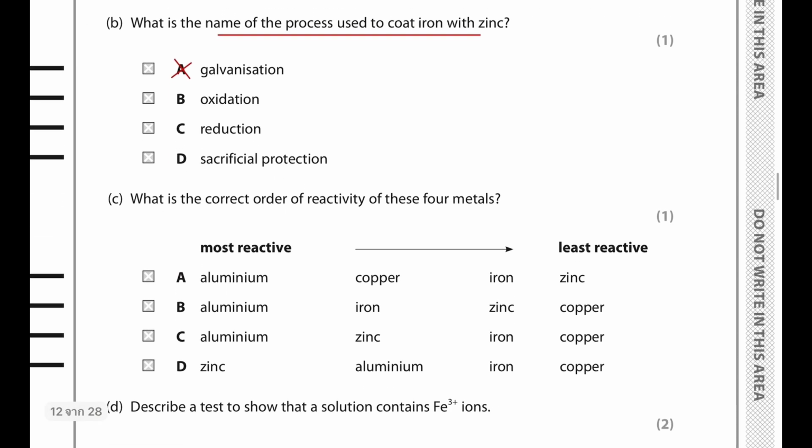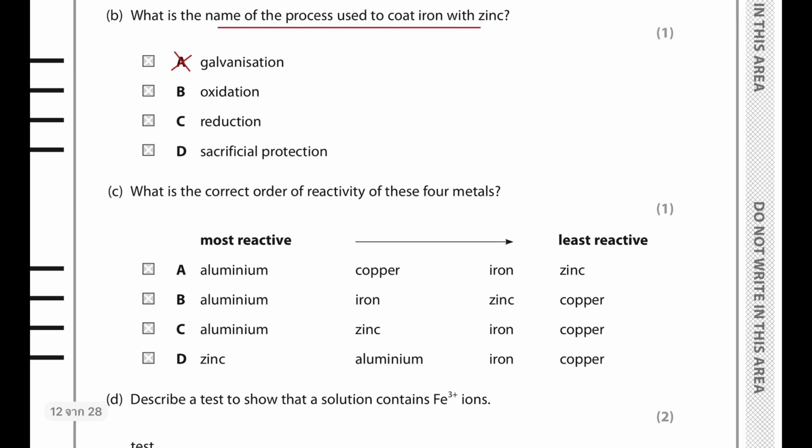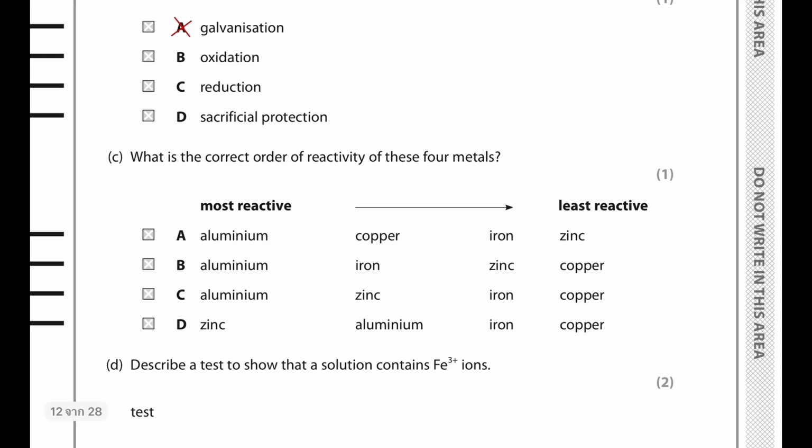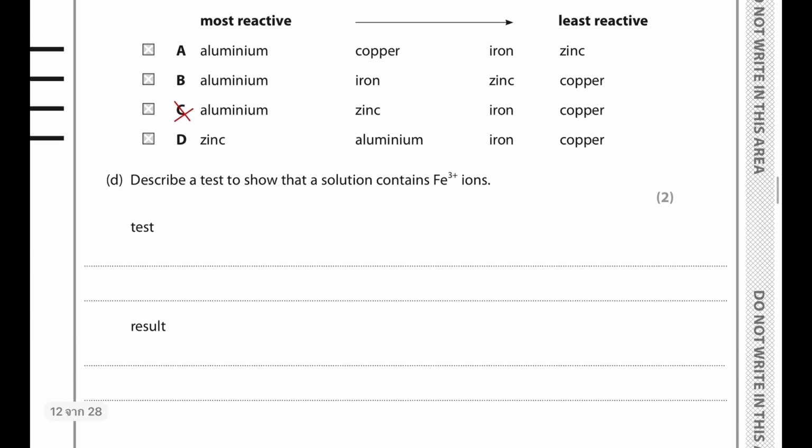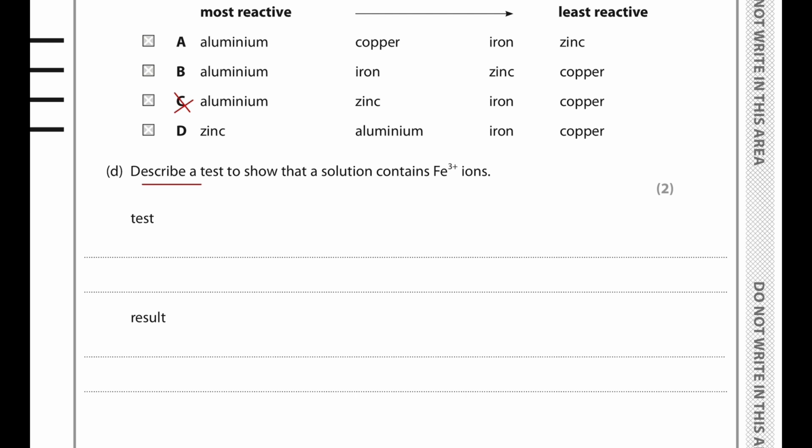Question C. What is the correct order of reactivity of these 4 metals? Check. Okay, option C. Okay. Then question D. Describe a test to show that a solution contains iron 3 positive ions.